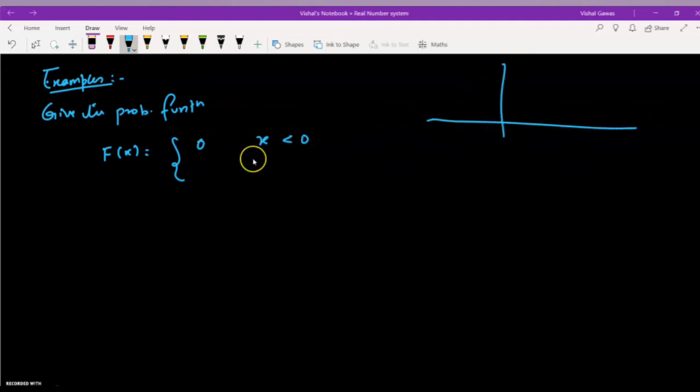Then x whenever x is between 0 and 1, and 0 when x is greater than 1. So let's kind of draw that: 0 here, from x equal to 0 till x equal to 1 included, then for x greater than 1, it's again 0. So that's my function.